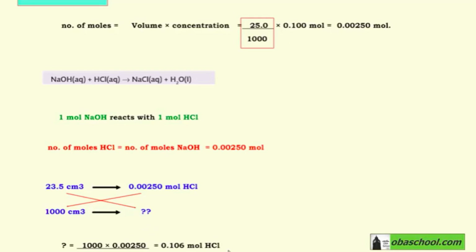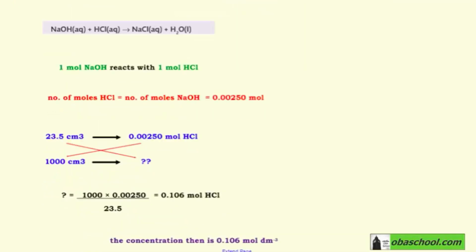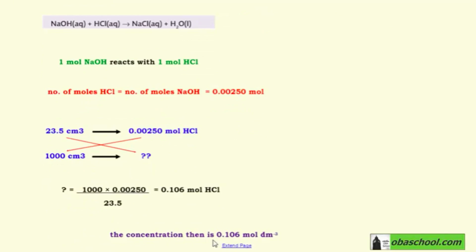But I want to know how much in 1,000 cm³, so I do the cross multiplication to obtain the number of moles dissolved in 1,000 cm³, or 1 dm³. So the concentration is 0.106 mol/dm³. So 0.106 mole of hydrochloric acid is dissolved in 1 dm³.